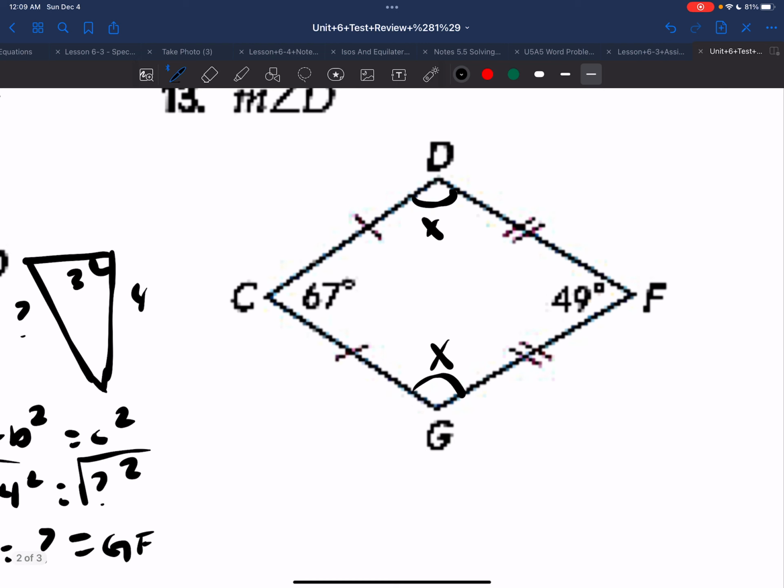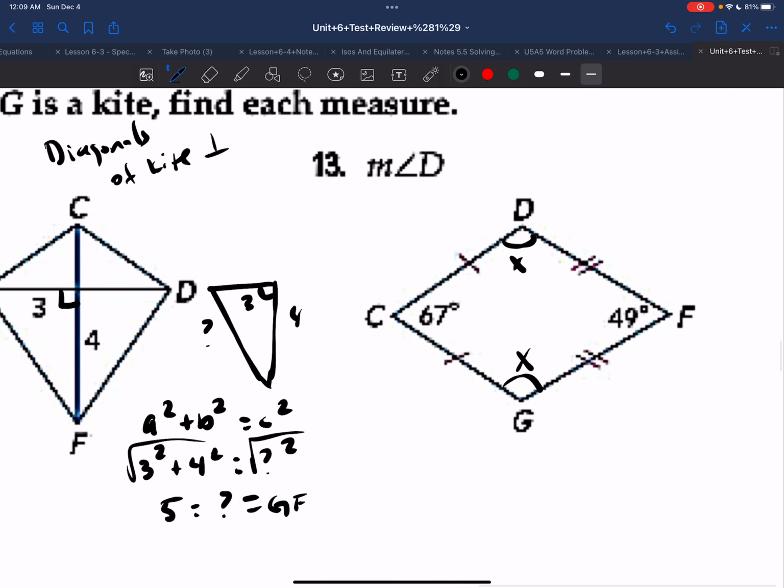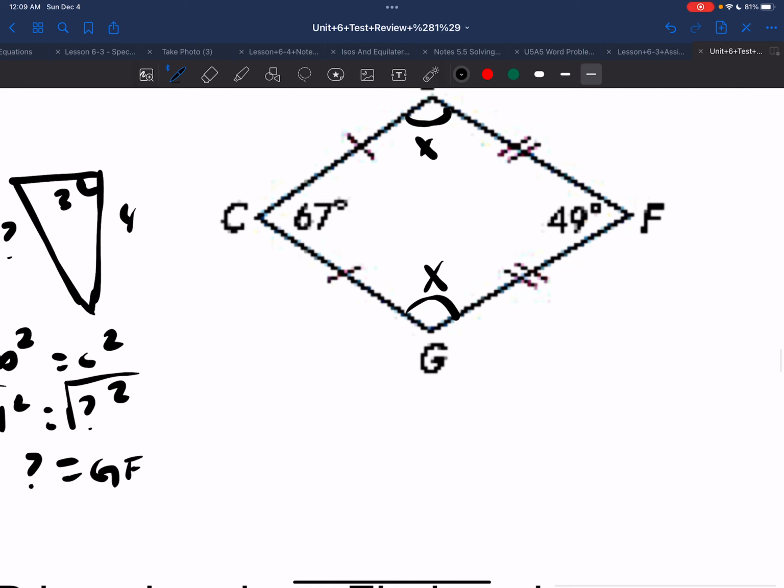So now I need to figure out what the value of those things are. How do I figure out what x is? Well, I need to set up my equation. Notice that this is a four-sided figure, so this is a quadrilateral. So I can say the sum of the interior angles of a quadrilateral is 360.